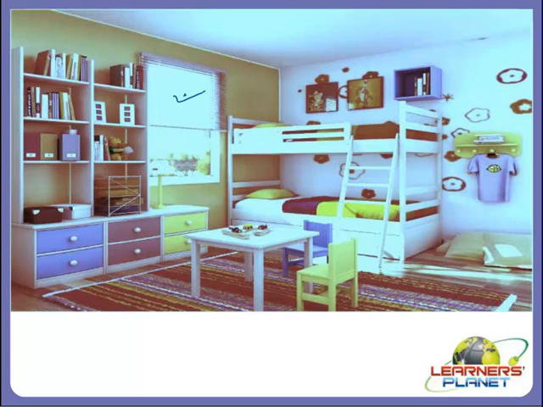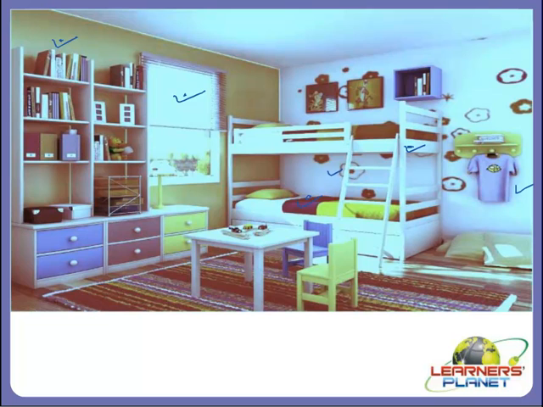Like this is a window pane which is made up of a different material. These are books which are made up of a different material. This is a bed sheet which is made up of a different material. And these objects which are supporting the bed, they are also made up of a different material.